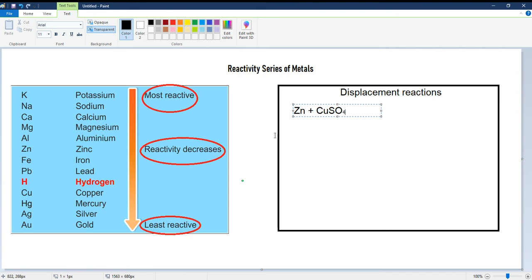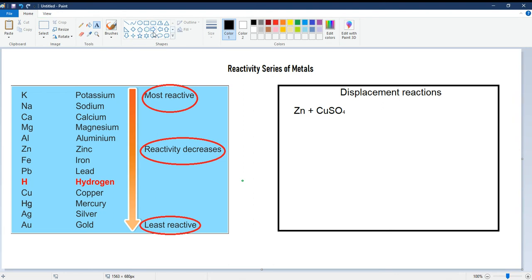What do you think it is going to give? It's not going to be ZnCuSO4 or something else. Let me use the arrow, and after the arrow we can see what it is going to give.